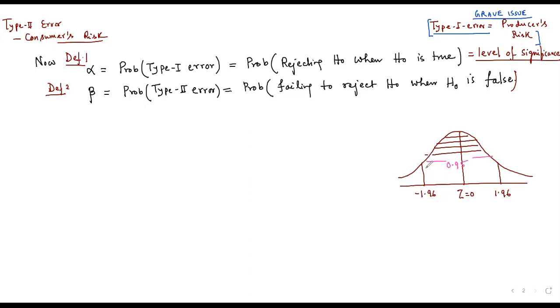This is easily calculated with the help of the normal table. If this is 0.95, then this part and this part together will give you how much? 0.05.